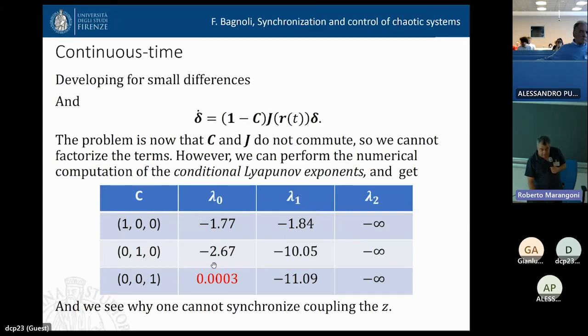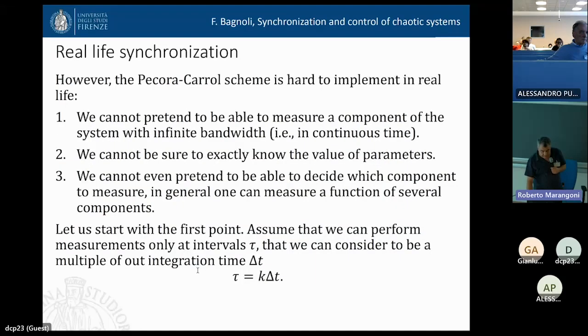And so you see that in some directions, for instance X and Y, you may have a negative product at the end, so you can actually synchronize, while in the Z direction you cannot. And this also has some nice consequences, but I will skip this.